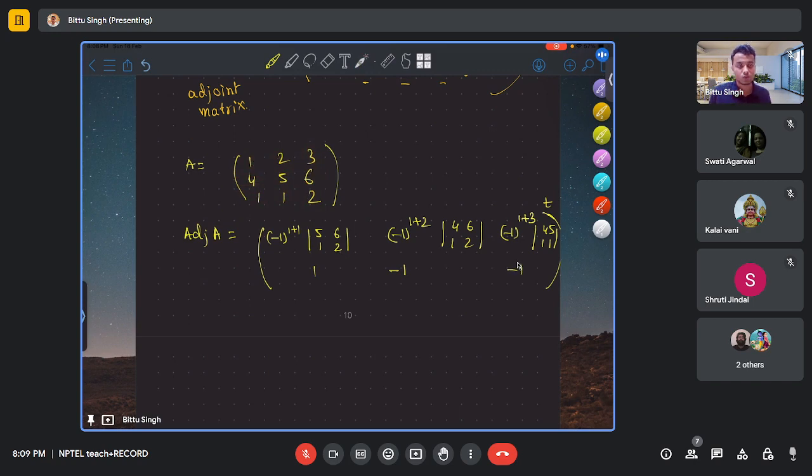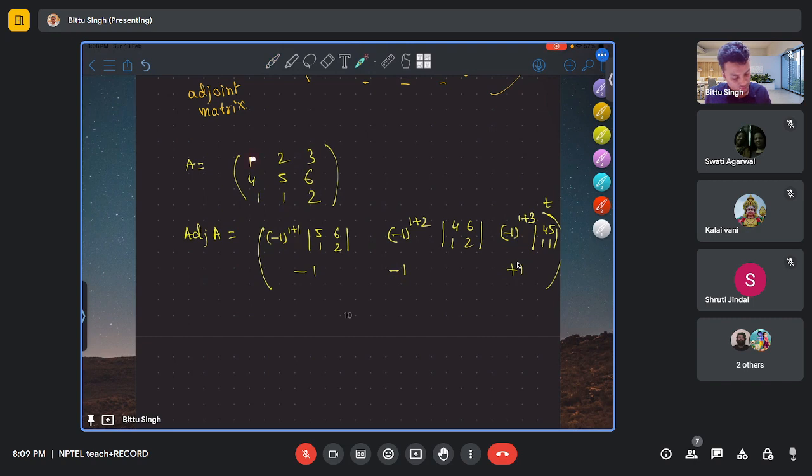But we also need to take the sign. That is why here the sign was plus, minus, plus. Now the sign will be minus, plus, minus. So here there will be a minus. It is plus times minus 1, it is minus 1. There is another minus. So it will become plus 1.